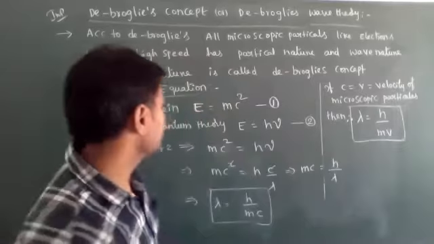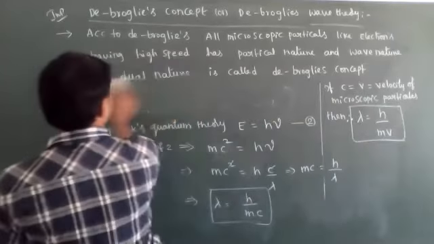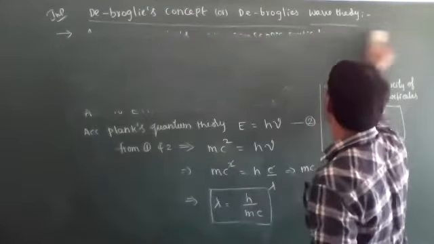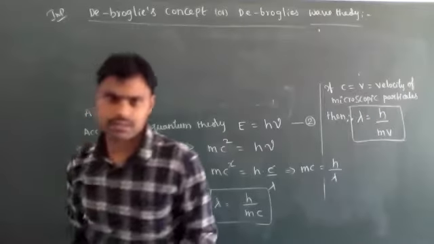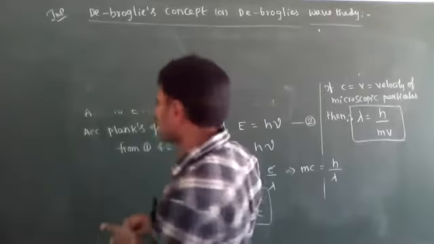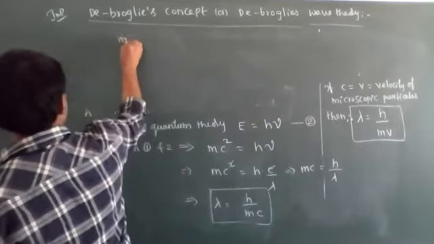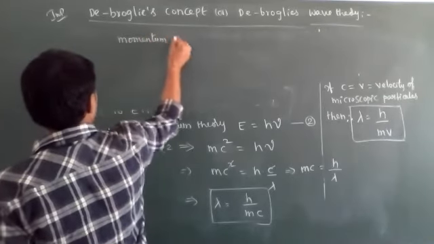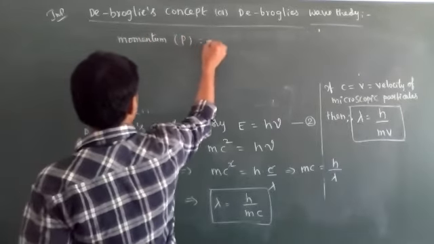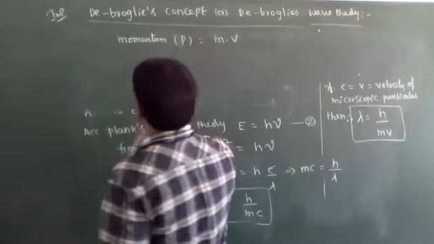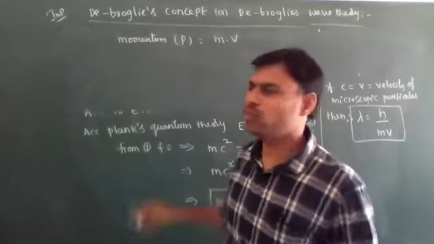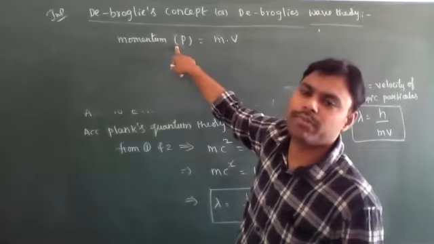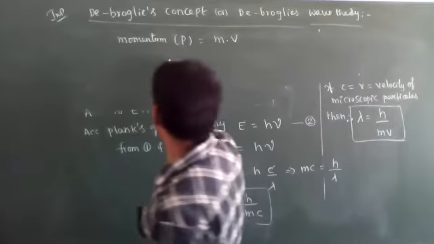Okay, let's modify that equation into different forms. We know that momentum p is equal to m into v. How to calculate momentum? Momentum is nothing but m into v. Mass into velocity is known as the momentum of microscopic particles.